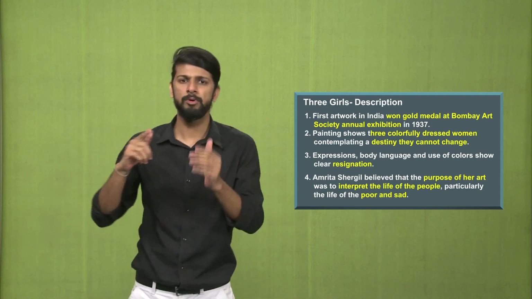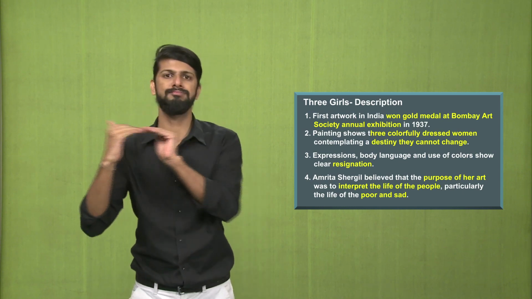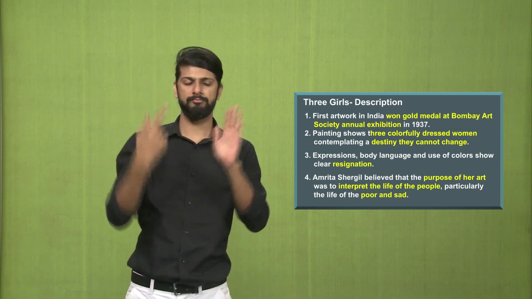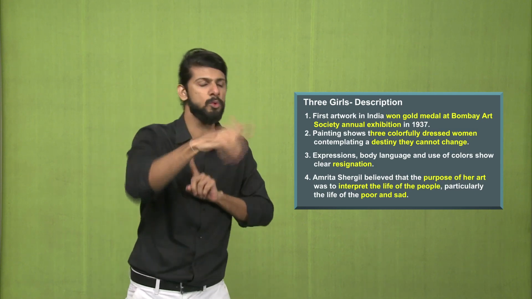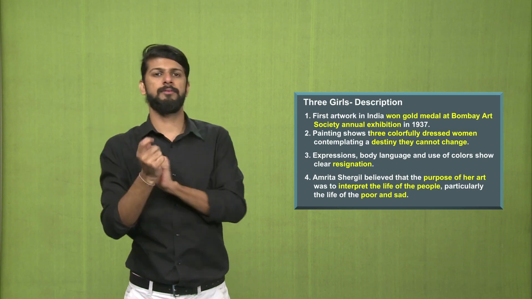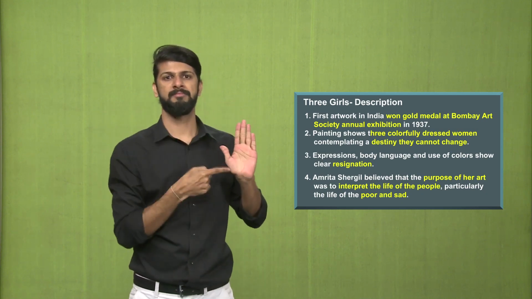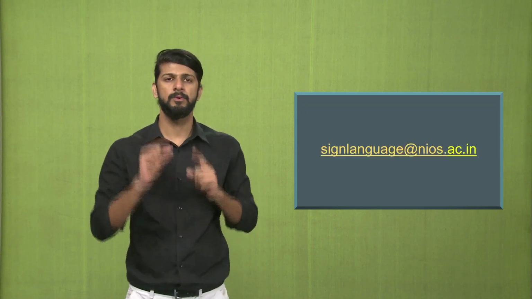It was a kind of conscious effort on the part of the artist, which she thought was the purpose of her art. She wanted to show and depict these conditions through her art. That was the purpose of Amrita Shergill's paintings.